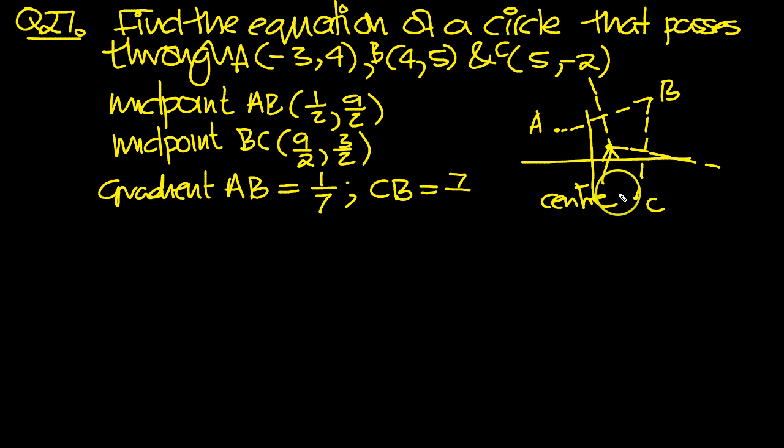B is 4 and C is 5, so we better go from B to C then, hadn't we? Because I've drawn it around the wrong way on the sketch. So BC is equal to, the y goes from 5 to -2 is -7, the x goes from 4 to 5 is 1. So that's equal to -7.